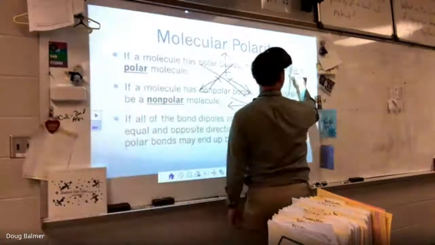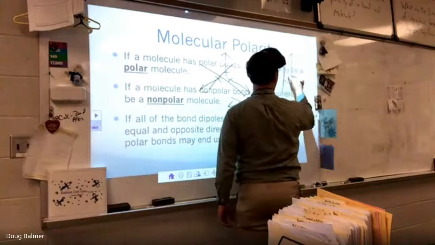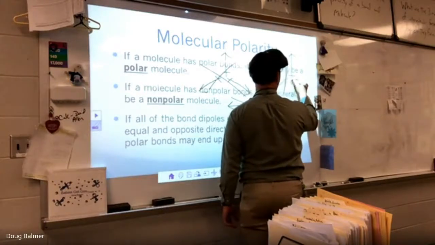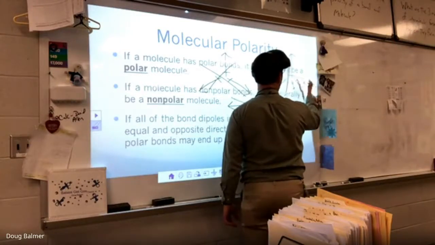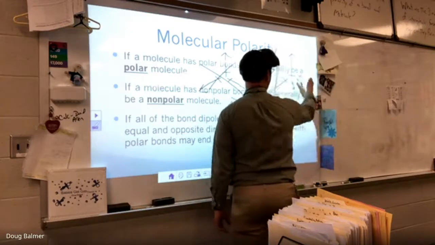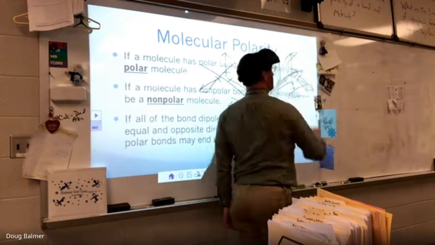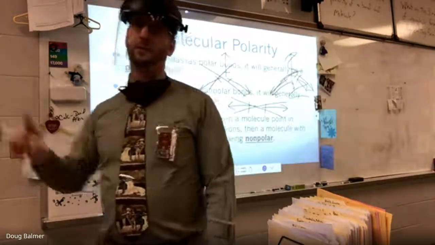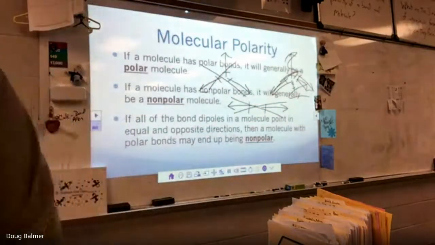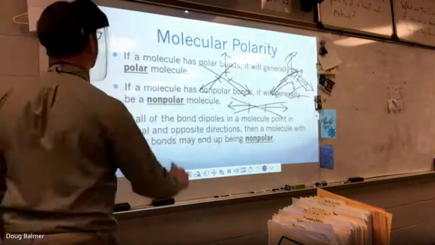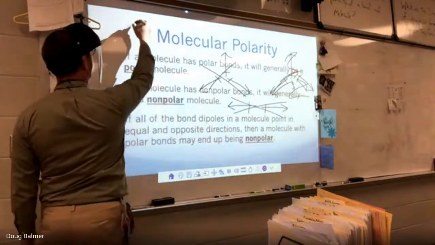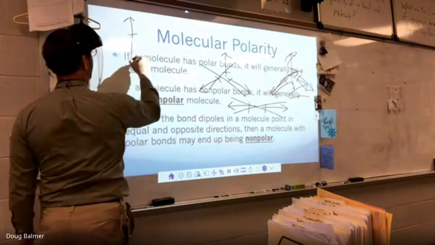Another one would be the tetrahedral shape. If all of these arrows are pointing in equal and opposite directions, in these three dimensions, all of these arrows will cancel out. So the bonds could be polar, but the overall molecule would be nonpolar. As far as the trigonal bipyramidal shape, one goes up, one goes down.